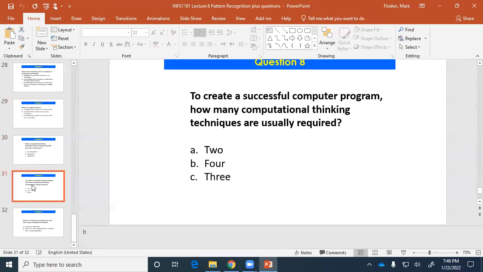To create a successful computer program, how many computational thinking techniques do you need? Okay, so what I want to say here is yes, the answer is 4, according to our model. Our model is a simplification of the real world. Could somebody else have another model? Yes, and their model might have 5 things in it, or it might have 6, or it might have 8.